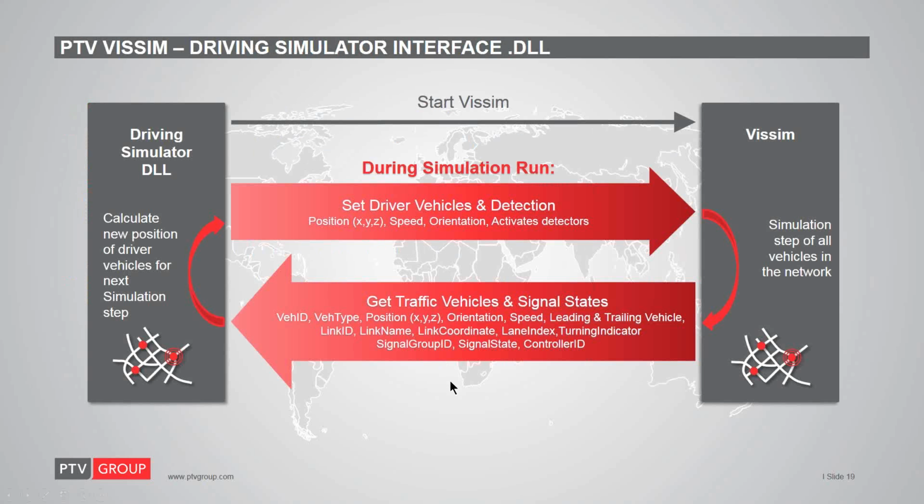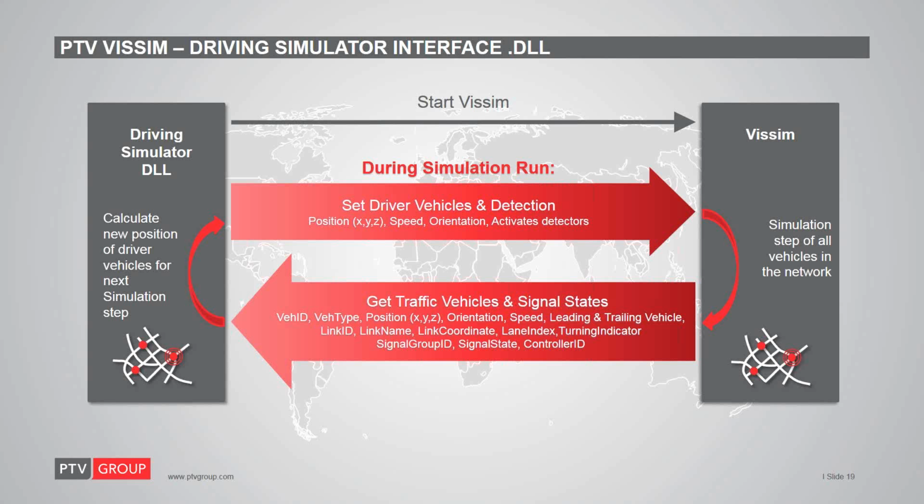The other interface is the driving simulator interface. There, during each interaction, you set the position of an externally controlled vehicle. Like a human driver, if you have a steering wheel, an acceleration pedal and a braking pedal, you can drive through a Vissim network with a vehicle.